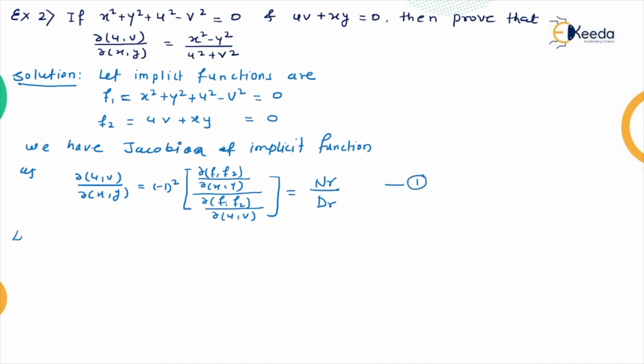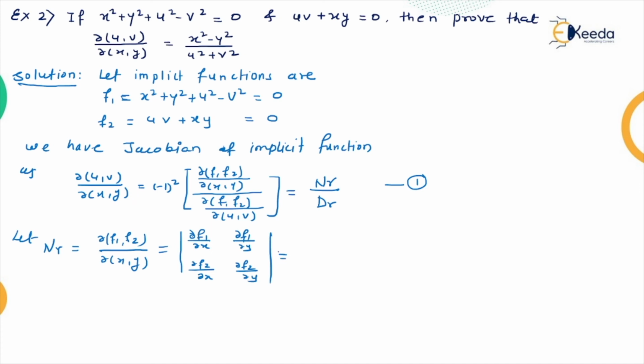Now, what is the numerator? I am calculating it separately. The numerator is the Jacobian of f1, f2 with respect to x, y. This is the determinant of del f1 by del x, del f1 by del y, del f2 by del x, and del f2 by del y.